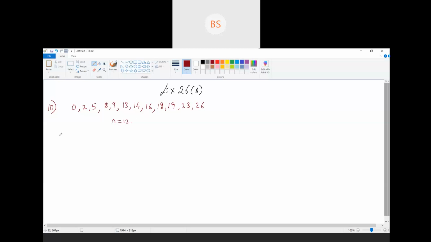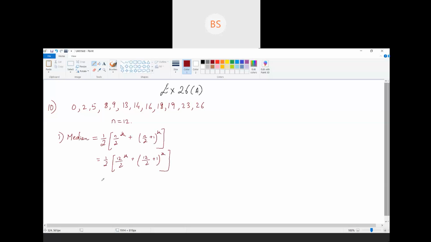So first they have asked us to find out median. So median is equal to, since it is an even number, the formula will be half of n by 2th term plus n by 2 plus 1th observation. Right? So this will give us half of 12 by 2 plus 12 by 2 plus 1.